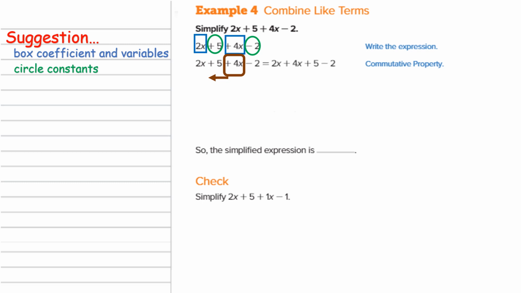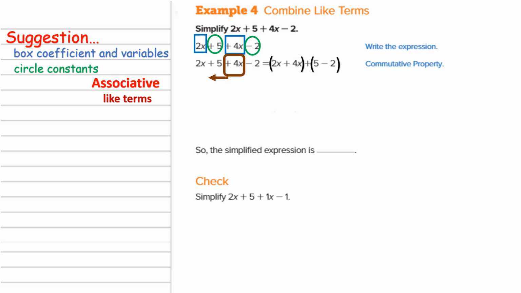So I'm going to shift, or I'm going to adjust with the adding of 4x. I'm going to shift, or I'm going to adjust with the 5. So that's going to allow me to have 2x plus 4x plus 5 minus 2. In my associative property then, I see that I have coefficients with like terms. So I have 2 plus 4, which is 6, with the variable of x.